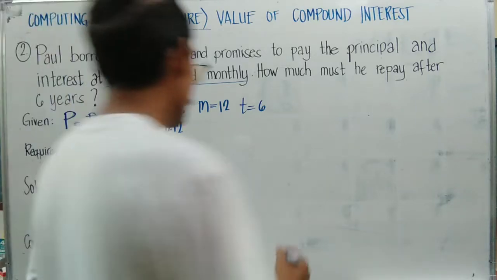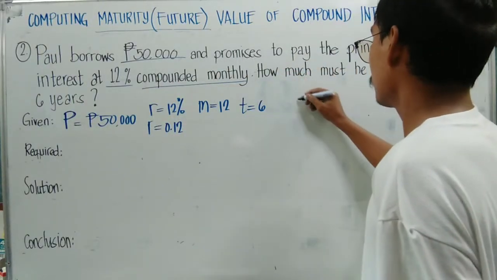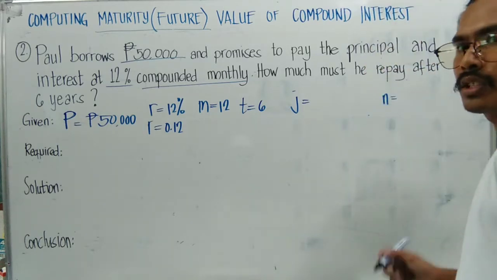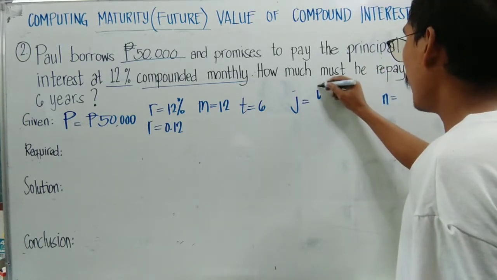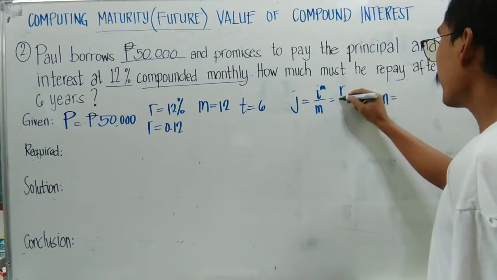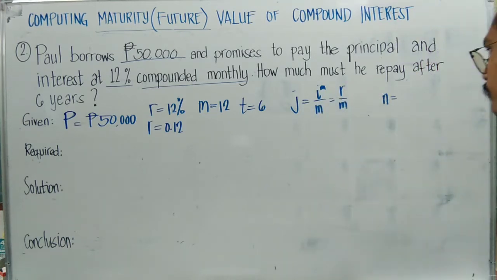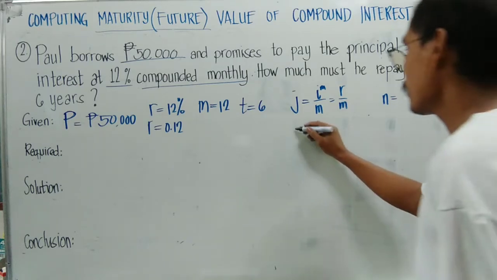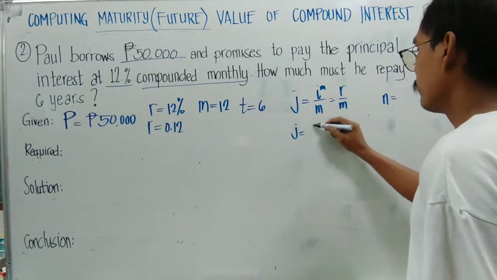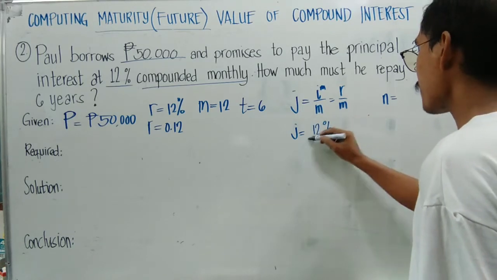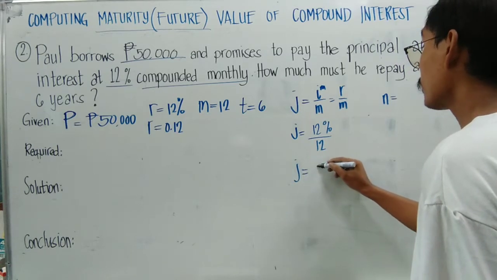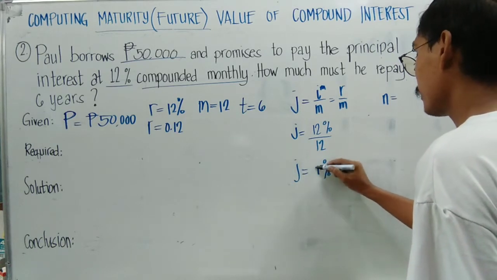Okay? So explaining J and N. So J is I raised to M over M, or can be R over M. And J is, in our case, we have 12% divided by 12, and J is equal to 1%.